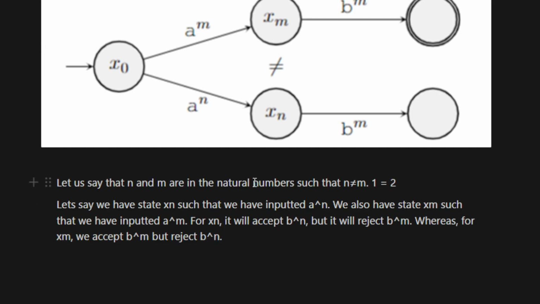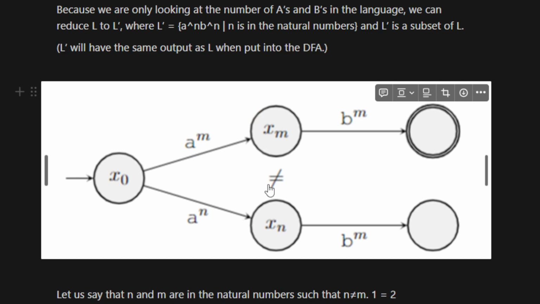Now, because we've just shown that, it means that these two states over here are not the same, they're inequivalent. And because we know there are countably infinitely many states, just to clarify, there are n number of states, because we're looking at a to the power of n, b to the power of n, so there'll be n of these strings.